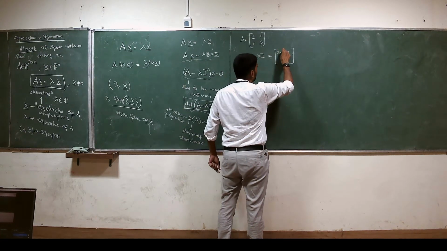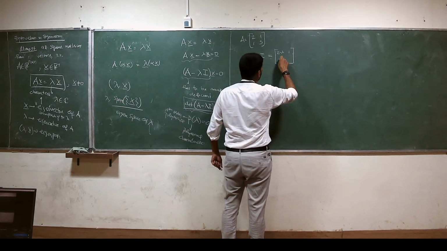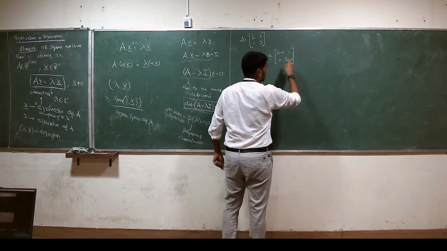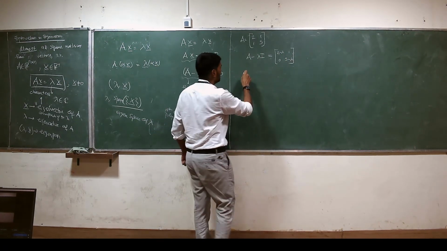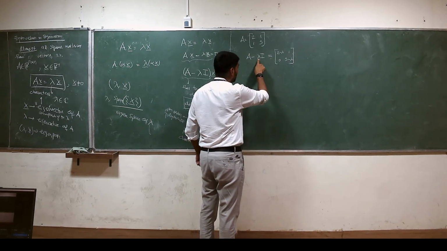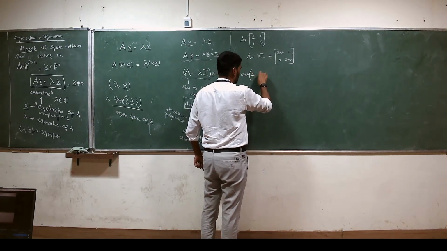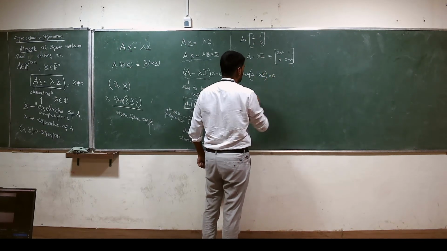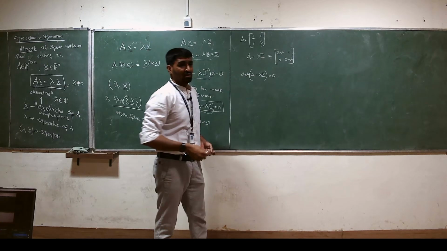It will be 2 minus lambda, 1, 0. And if lambda is an eigenvalue, then the determinant of A minus lambda I is 0. What is the determinant of this?